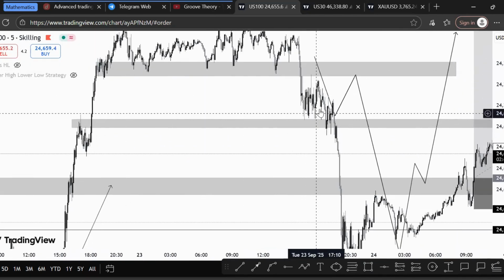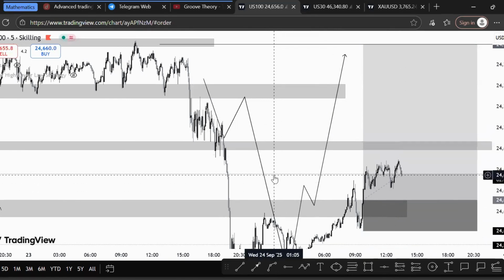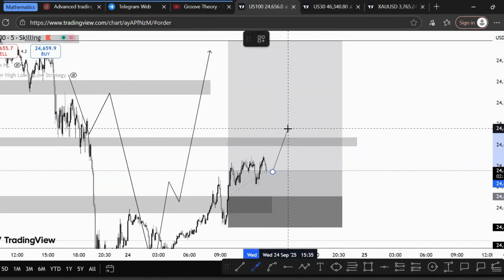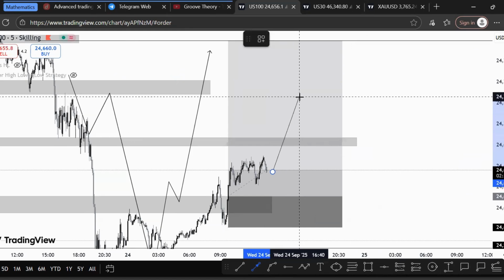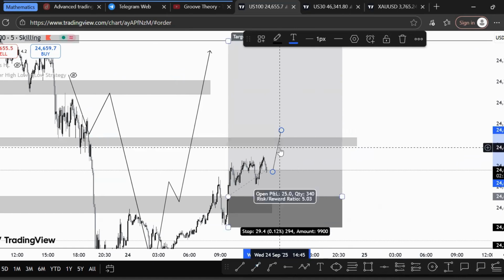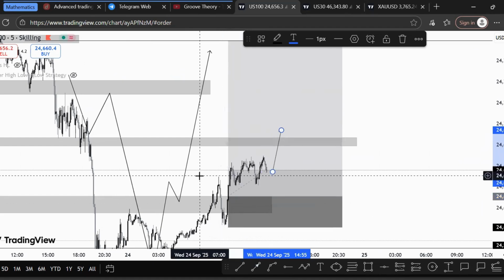As you can see, price was bouncing off and buying from that level. So you want to see a nice clean break to the upside, a nice clean retest, and then once price gets there and breaks this level of resistance that we have there, we can then safely move my stop loss to entry point.